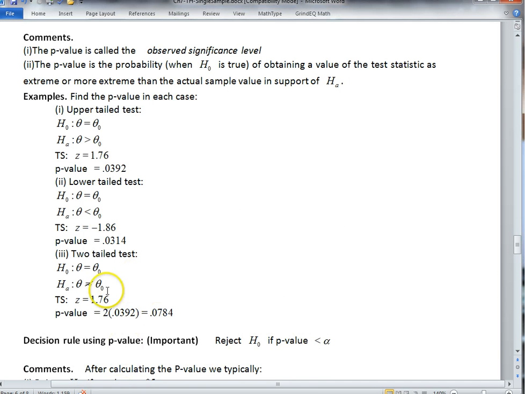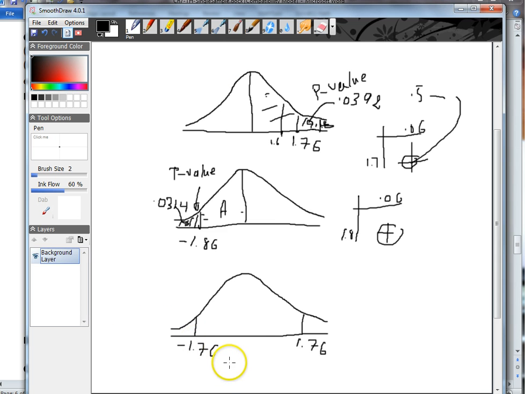Let's see what happens if I have a two-tailed test. Again, whether this is mu or p, say my z is 1.76 now. The p-value is twice what I had up there. Let's see why in the graph. Now I have a two-tailed test. This is my z here, 1.76, and I take the negative part of it. Because I have a two-tailed test, what I have in this tail would be half the p-value, and the other half would be compared with the other value.